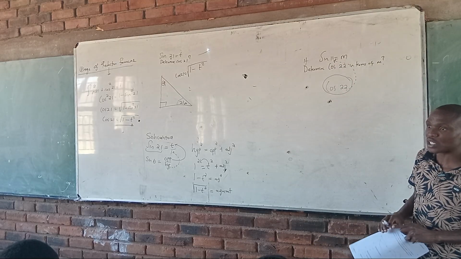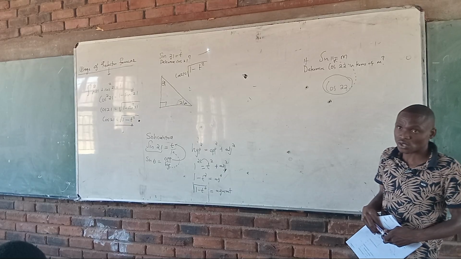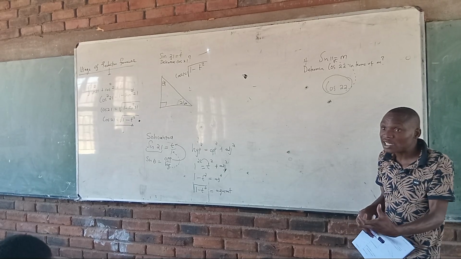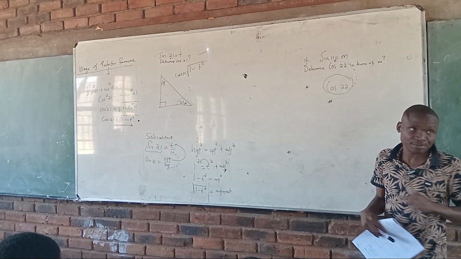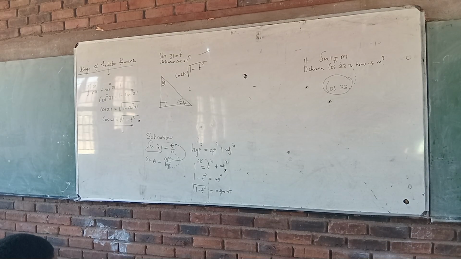You've been told about angle 11. So try by all means to write 22 in terms of 11. What is it going to be? This is very interesting. Sine 11 is m. What about cos 22?